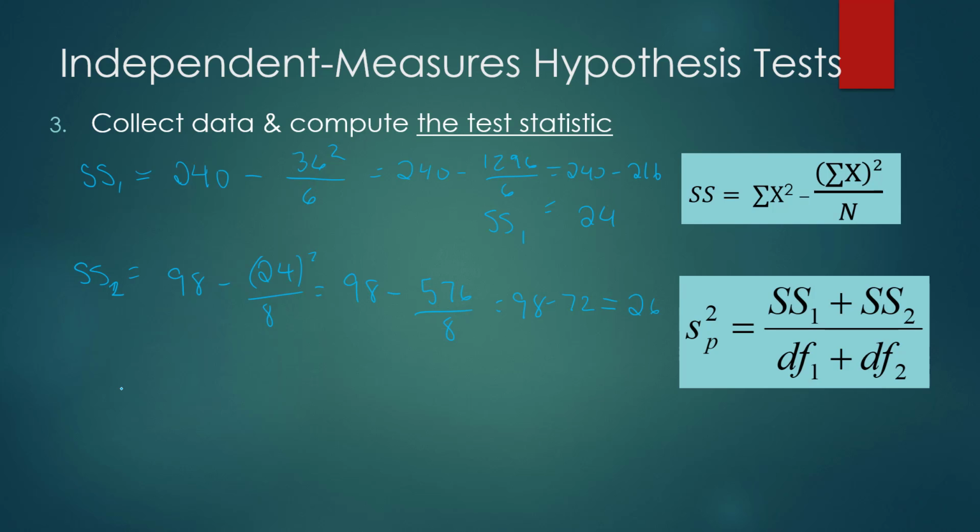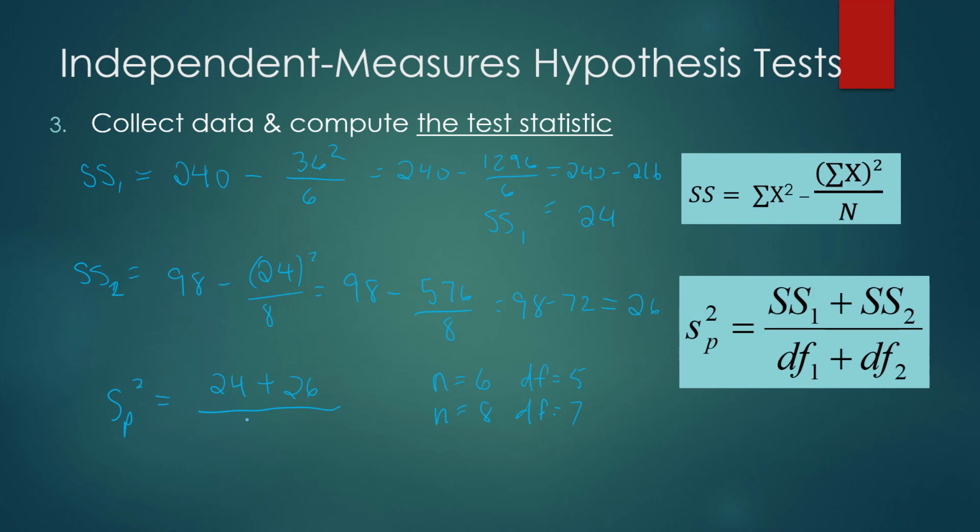Next, we need to get our pooled variance. So we're going to take our SS for sample 1, which was 24, plus our SS from sample 2, which was 26. And we're going to put that over the degrees of freedom. So we said our n for sample 1 was 6, and our n for sample 2 was 8. It gives me degrees of freedom of 5 and degrees of freedom of 7.